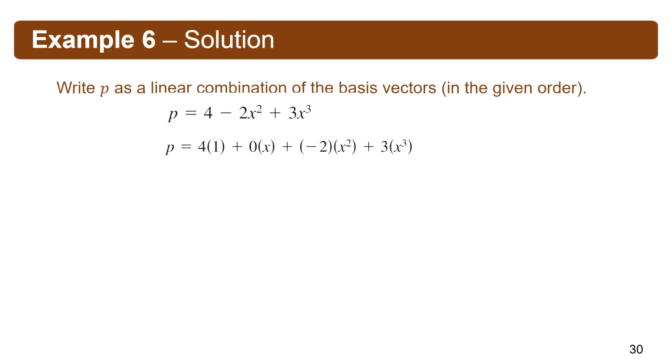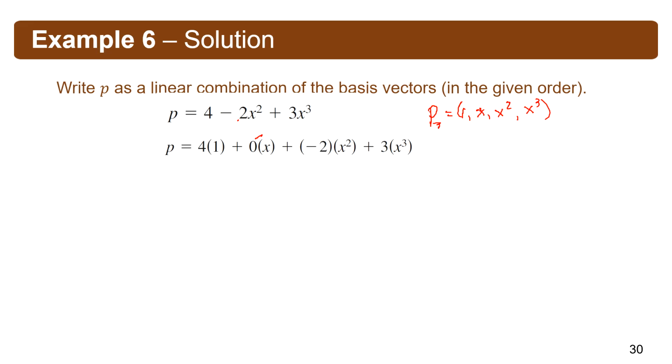So P is equal to 4 times 1, x, x squared and x cubed, as in the previous slide. And notice here that the x term is missing, so we have to put 0 here. So we have negative 2x squared and 3x cubed.